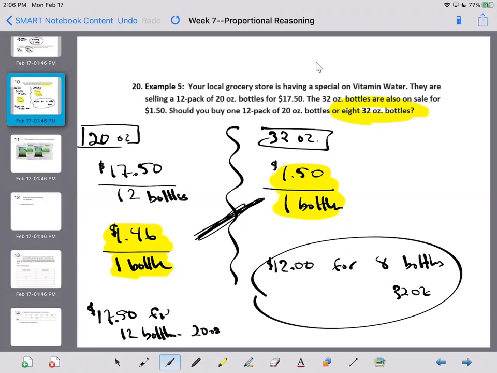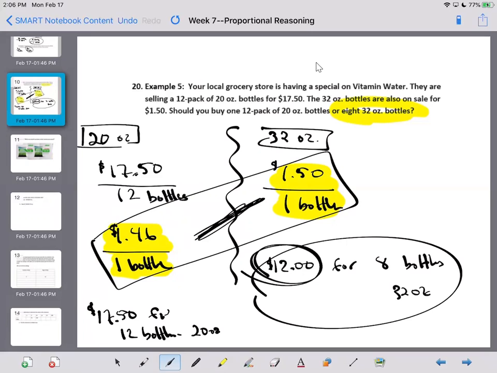When you compared here, you thought, well, the 32 ounce is more, but I'm also buying less. Should you buy a 12-pack of 20-ounce bottles or 8 32-ounce bottles? If you're looking at total price, of course, you're going to spend less. But then notice that getting it down to the unit rates, they were just a little off. The 20 ounce was a little less, but overall, when you're dealing with 12 versus 8, you can see a good problem.